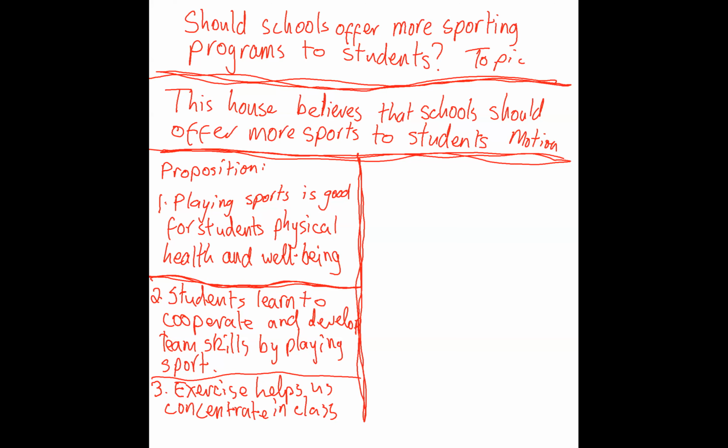For each issue, we should clearly state our belief, expand on it in more detail, provide evidence that backs our argument up, and then tie it all up in a bow at the end with the linking sentence.